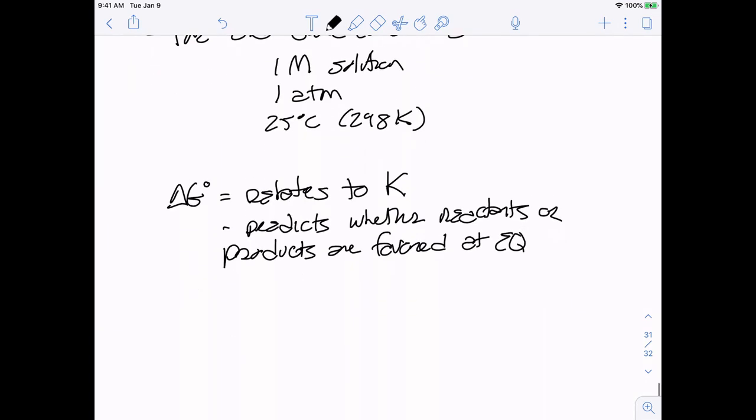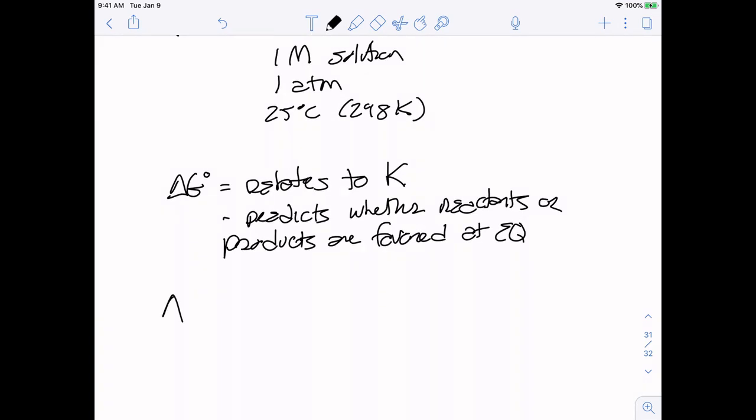If it's not in its standard state, delta G, without the naught, actually relates to Q. And I've mentioned Q a couple times in this chapter. Remember, we defined Q in the same way that we defined K, except that the concentrations that we plug into the expression aren't necessarily equilibrium concentrations. So concentration of products over reactants raised to a power equal to the coefficient, excluding pure liquids and solids.